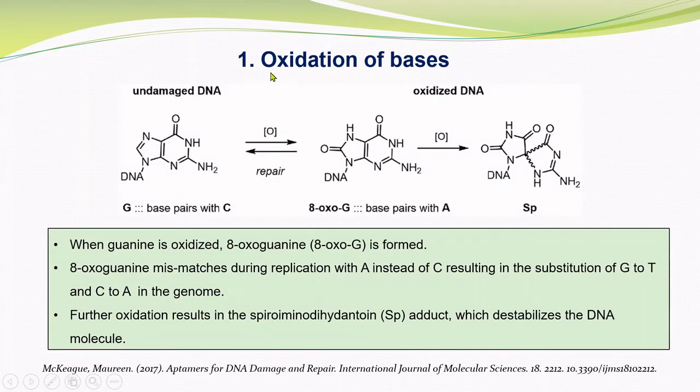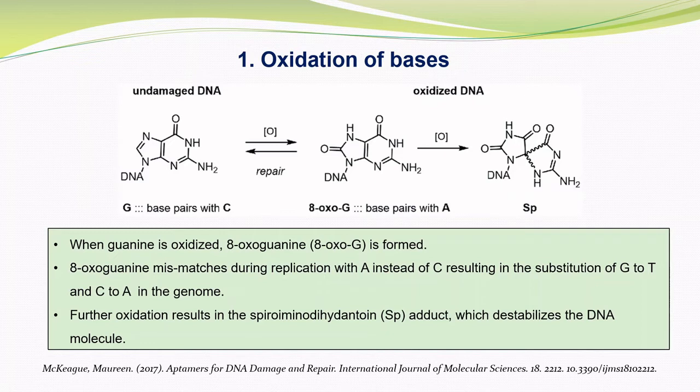Let's discuss one of the factors that is responsible for DNA damage, that is oxidation of bases. 8-oxoguanine is one of the most common DNA modifications. This damage is caused by reactive oxygen species, also known as free radicals.